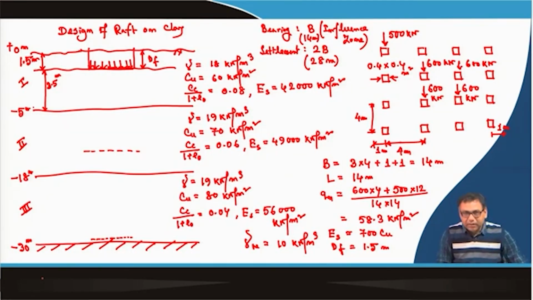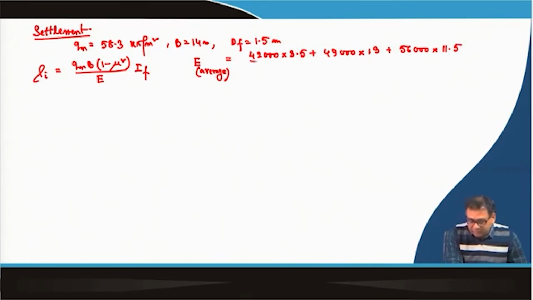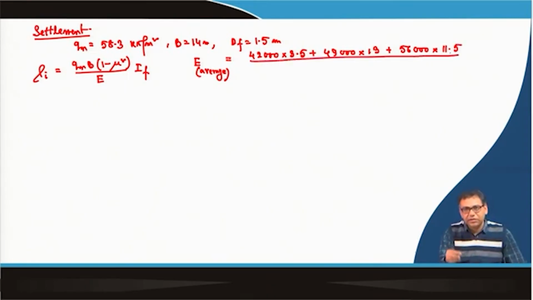If the influence zone is in the rigid zone, we will not consider the rigid zone, we will consider the portion above it. So average E value will be 4200 into 3.5 for the first layer, then 4900 into 13 for the second layer, then 56000 into 11.5 for the third layer, because the settlement influence zone is 28 meter from the base of the foundation. So it is divided by 28.